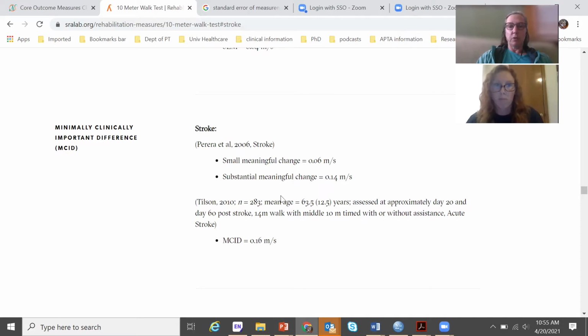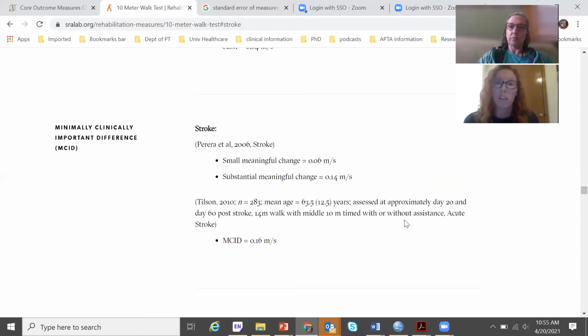Now let me ask you one other question, a little bit tricky. When we look at this literature, it does say in 2010, the mean age of these subjects was 63 years old, and they were assessed at approximately day 20 and day 60 post-stroke. How does that compare to our subject? So our subject is 45 years old, so she's almost 20 years younger compared to the average here, but she also is a chronic stroke patient, so she is 12 months post-stroke still.